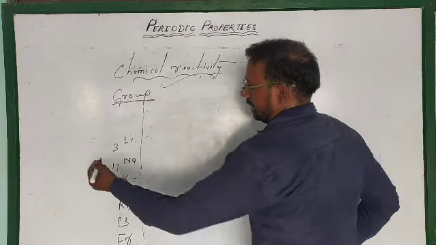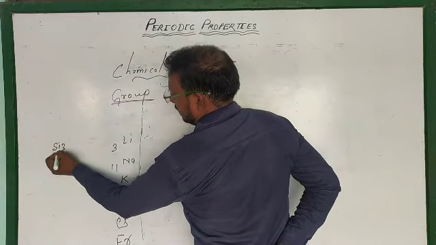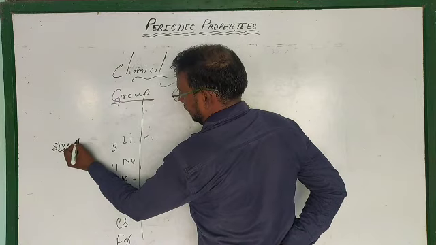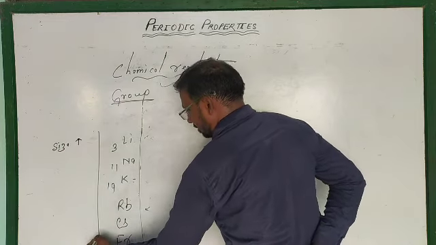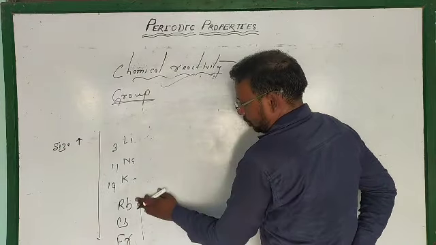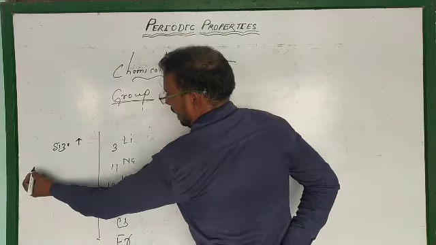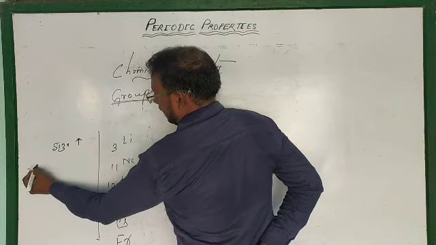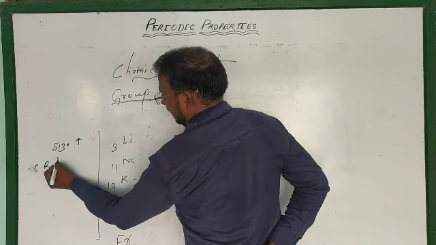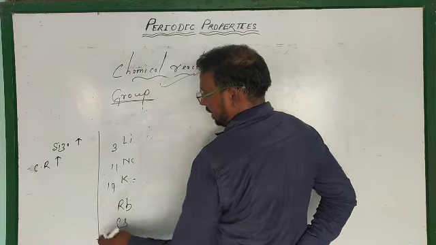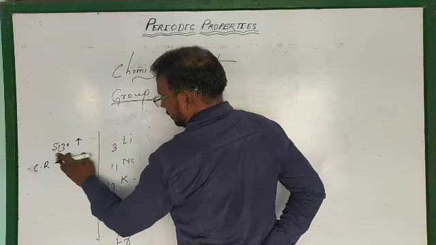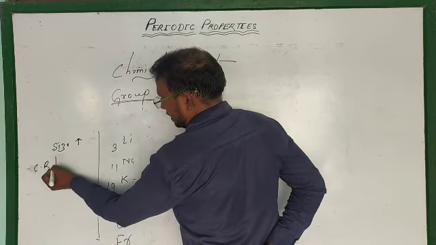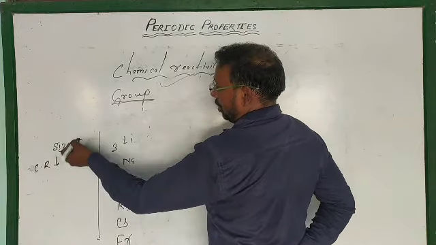So here I can write that size increases when we are moving in a group, and chemical reactivity increases when we are moving in a group from top to bottom.